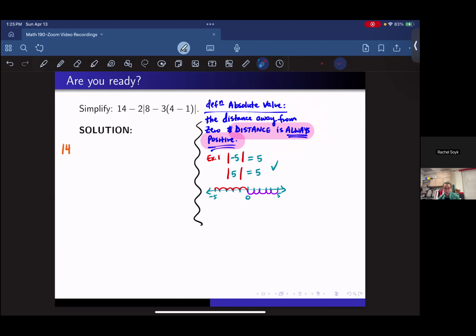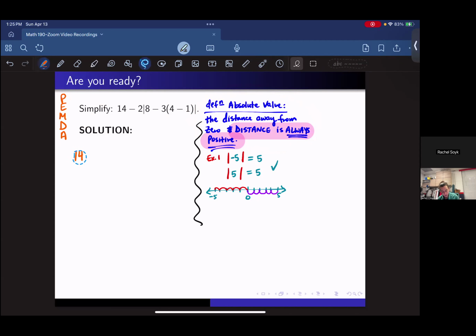So the second way to look at absolute value is think of them as like parentheses. Very similar to parentheses with that understanding of grouping, but then also attach that definition to it. Okay, so PEMDAS, we are going to utilize our parentheses first, aka the parentheses and the absolute value.